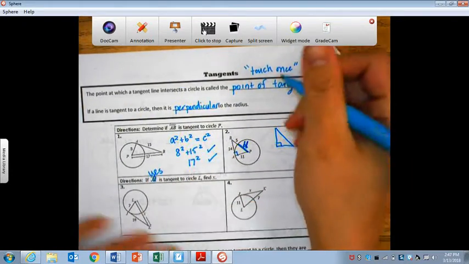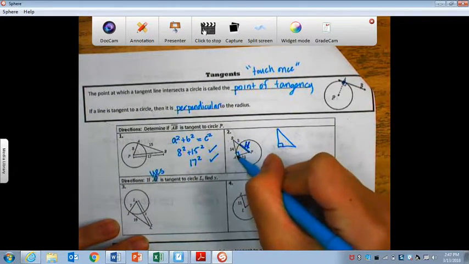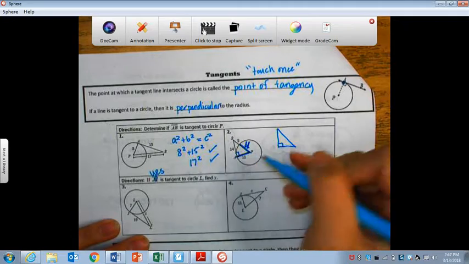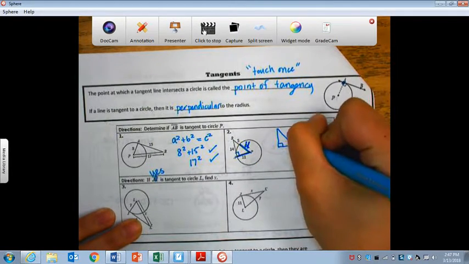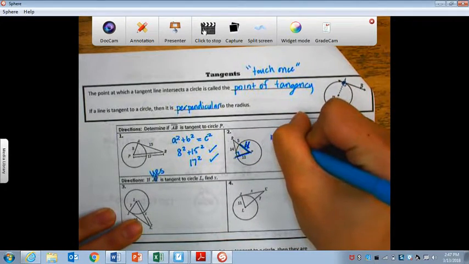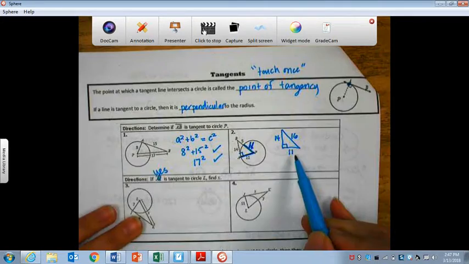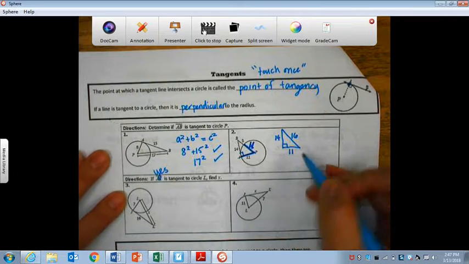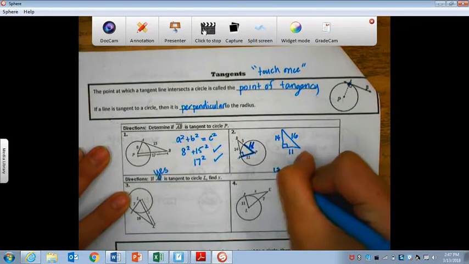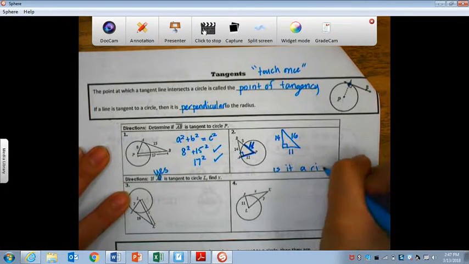I was mistaken. This is 11 because these are both radii. Okay, so my bad. That's going to be 16. This is going to be 14, and this is going to be 11. Can you guys check if that works for a right triangle? So, is it a right triangle?